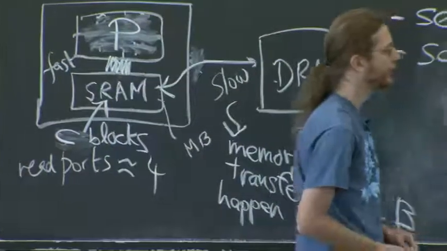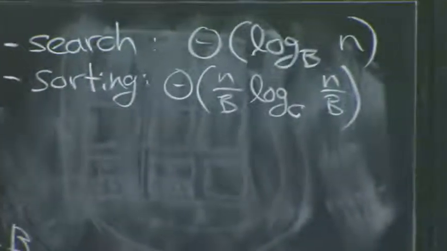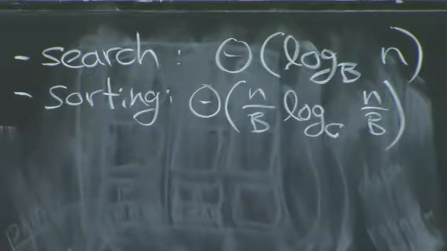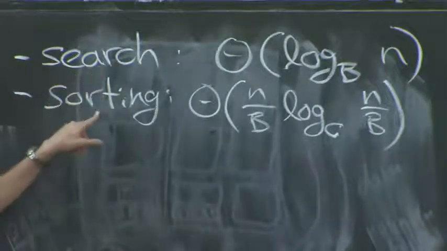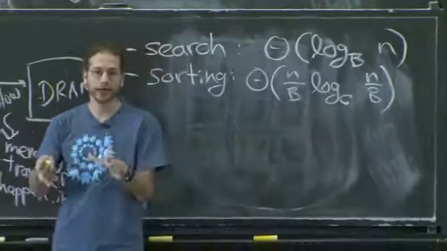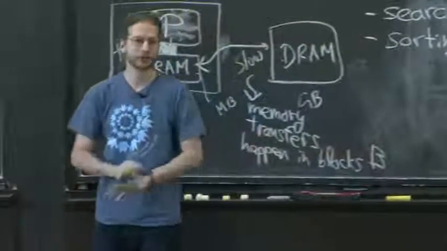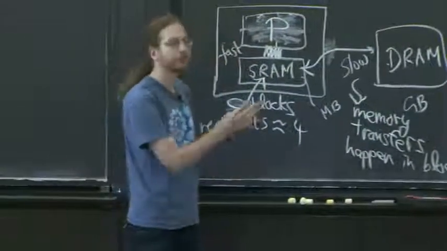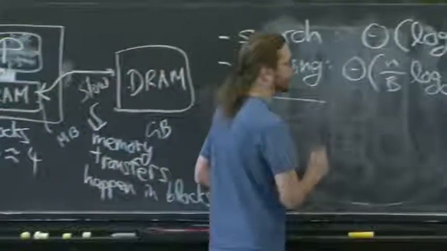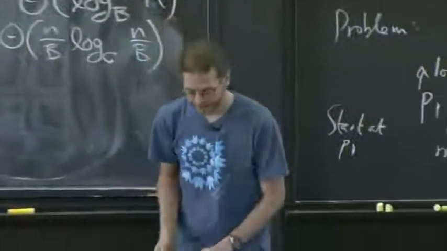It's upper and lower bounds in the comparison model. Just to give you a flavor, and there's a whole study of algorithms that do this. What's really cool is you can achieve these bounds even if you don't know what B is and if you don't know what C is. There's one algorithm that, whatever the architecture underlying it, will still achieve the same bounds. Those are called cache oblivious algorithms, and they were invented here at MIT.